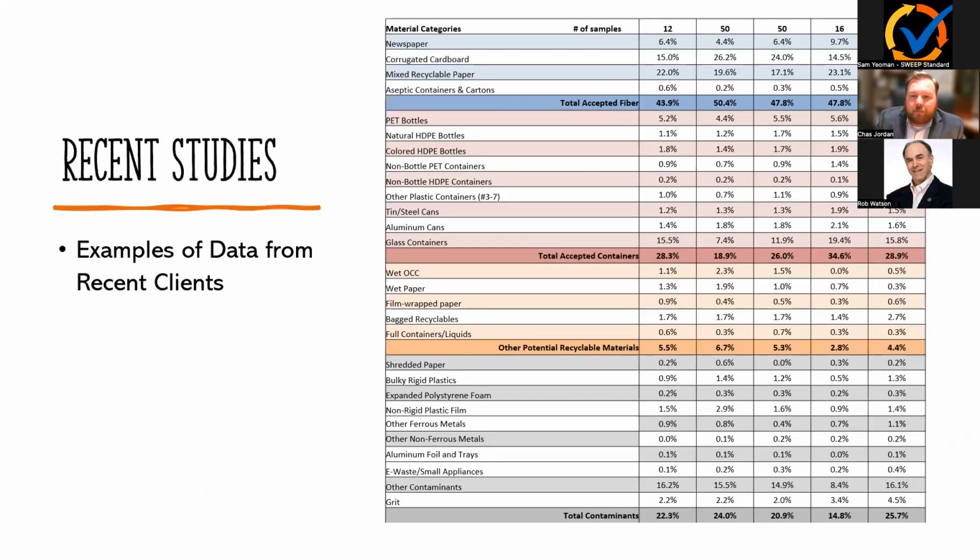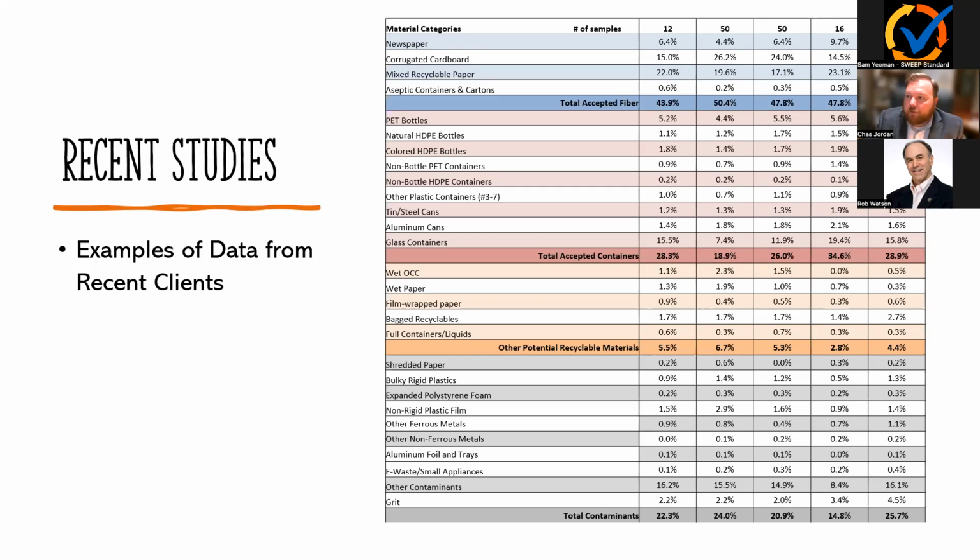So this is a basic table of a conglomeration of 5 recent studies that we've performed here at KCI, just to give you an idea of how we would provide you data from one of these sorts, and how they vary from one location to another. I think the first thing you'll probably notice is that they're fairly similar.